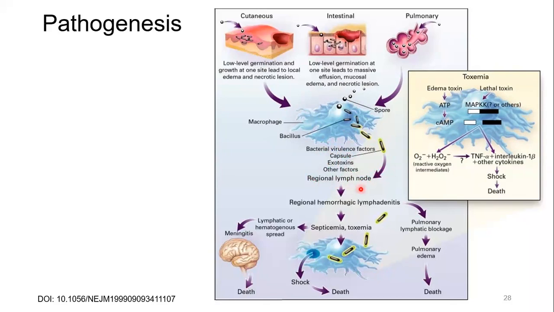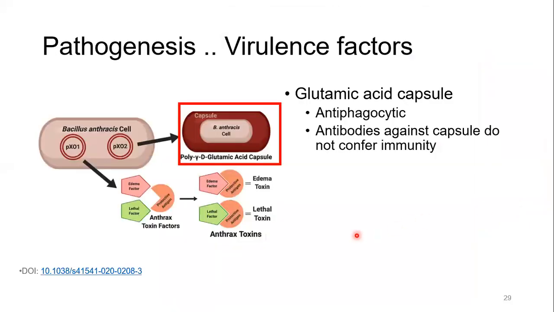They would then get into the regional lymph nodes, causing lymphadenopathy or lymphadenitis within that site, and then causing various forms of disease, either septicemia or toxemia, can get into the bloodstream and lymphatics, causing meningitis, and within the lungs can cause edema, and all those can result very rapidly in death. So these are the toxins, but I'll describe them in more detail in the next slide.